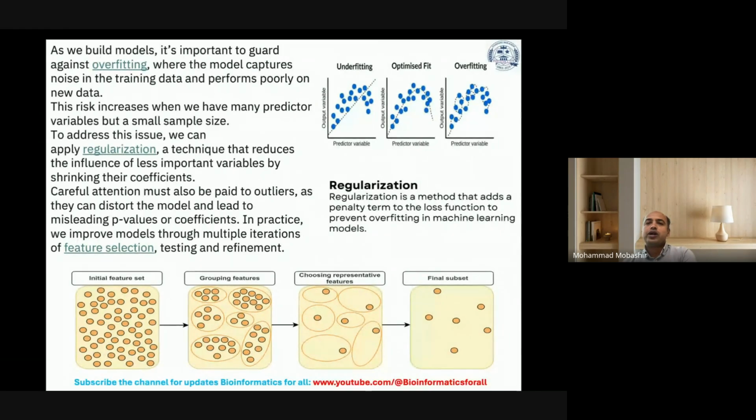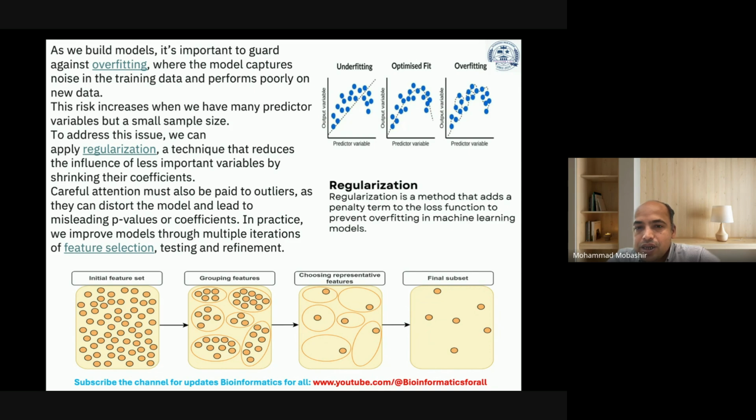Now, there are some more terms which you need to remember from the previous class: overfitting, underfitting, and the final best fit, that is the optimized fit. Then regularization and feature selection. All these things I have discussed in detail, but for overfitting and underfitting, here again you can see in the figure the underfitting data in the first subfigure, and the last subfigure is overfitting, while the most optimal fitting is the optimized fit.